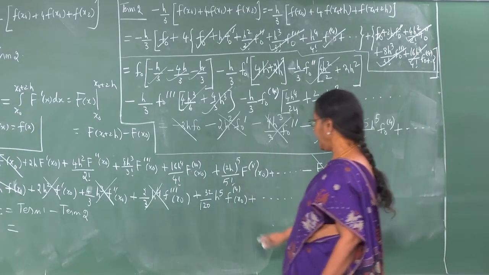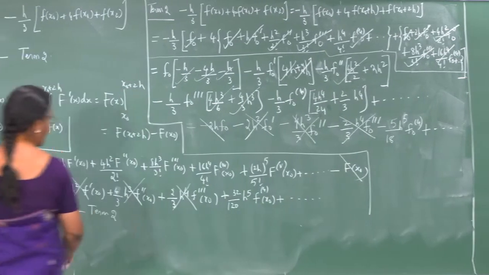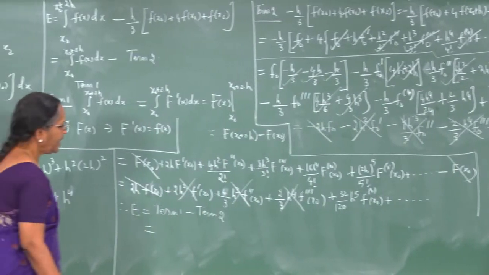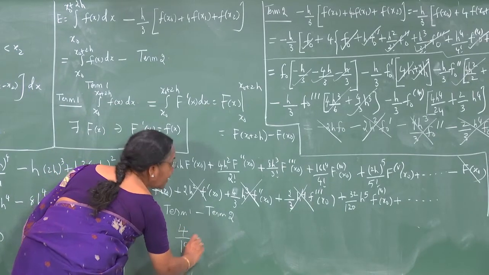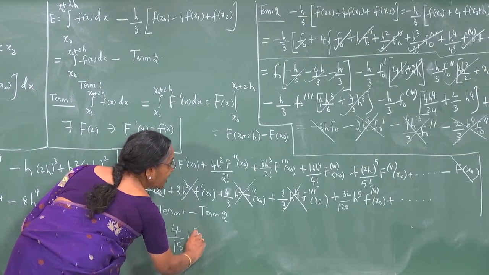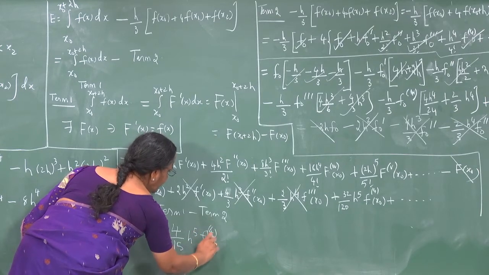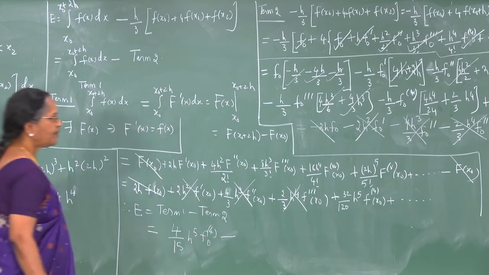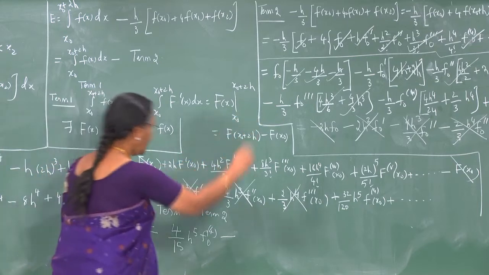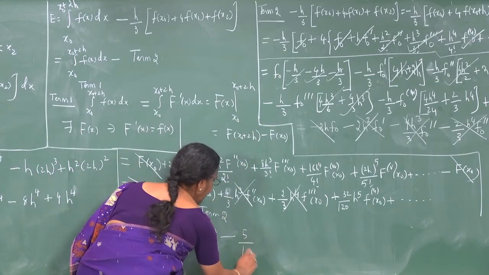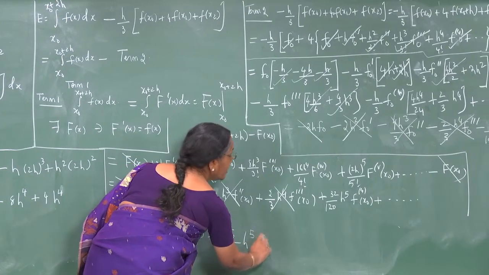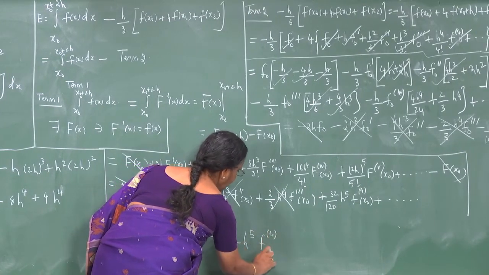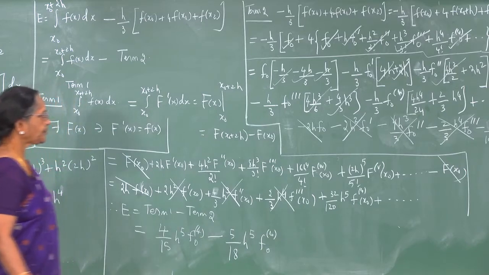So, now I write down this term which is 32 by 120, and that is 4 by 15 h power 5 into the fourth derivative at x naught, that comes from term 1, and term 2 gives me minus 5 by 18 into h power 5 into the fourth derivative at x naught.